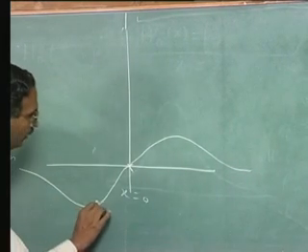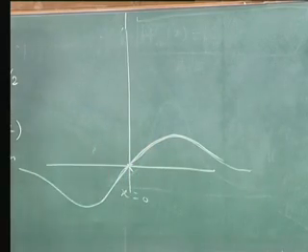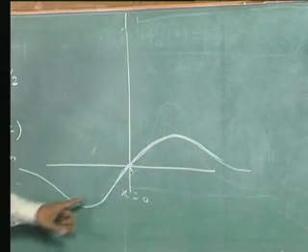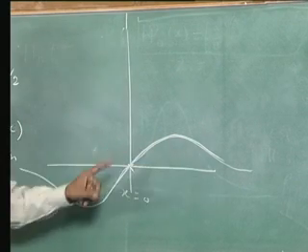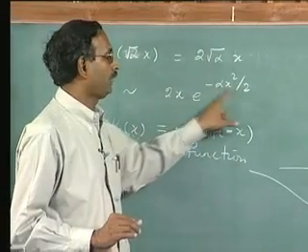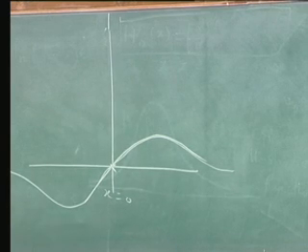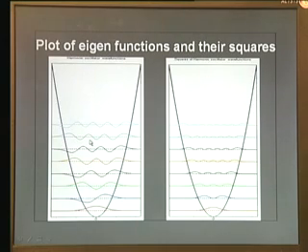If you draw this carefully, there is no inflection here. So this is a continuous function, x e to the minus alpha x square, and it appears like this. Let us see this particular graph where these functions are plotted. There is a node. This point is called the node because this is where the function goes to 0, and that happens at x equal to 0.